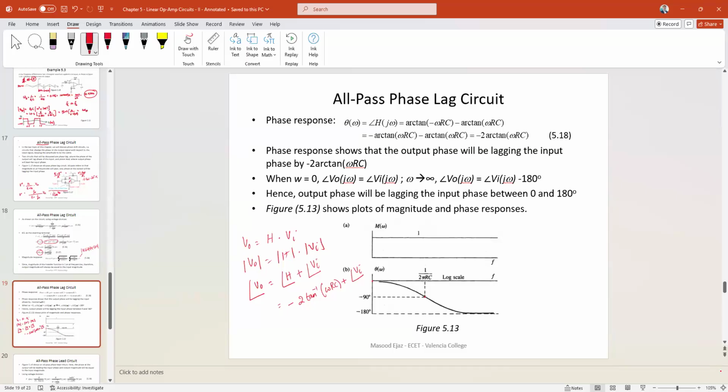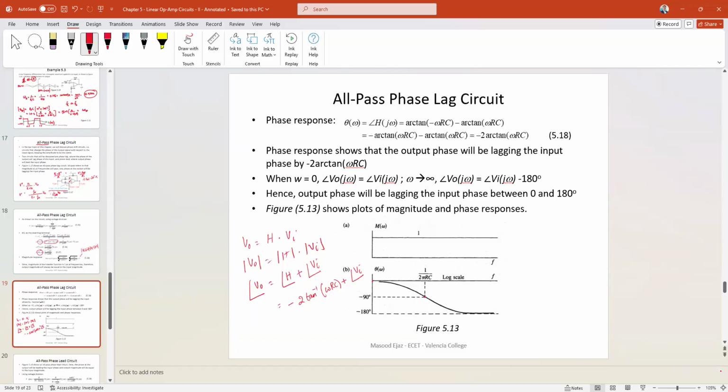And when omega becomes extremely large, tangent inverse of an extremely large number corresponds to 90 degrees, because as you move from 0 degrees to 90 degrees, sine is increasing from 0 to 1, and cosine is decreasing from 1 to 0. So the ratio between sine and cosine, which is tangent, as it hits 90 degrees, sine is 1 and cosine is 0.